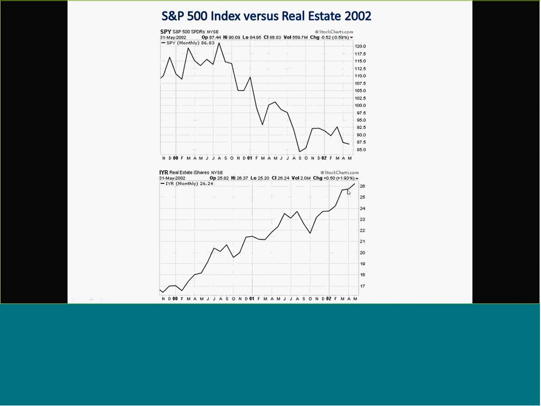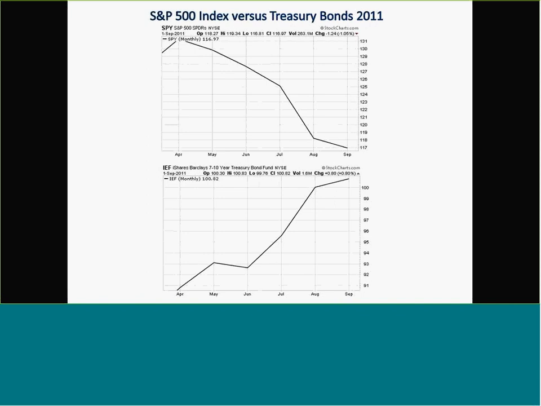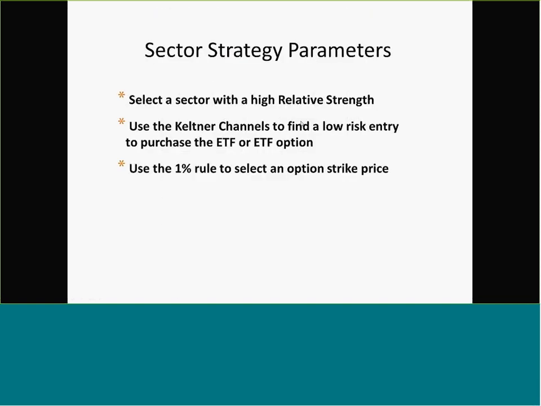So there's always a bull market and bear market somewhere. Here's the S&P versus the 10-year Treasury. And this was in 2011. You can see that the S&P was in a downturn that year in this particular time frame, and the Treasury bonds in an up market. So there's always markets out there to trade.